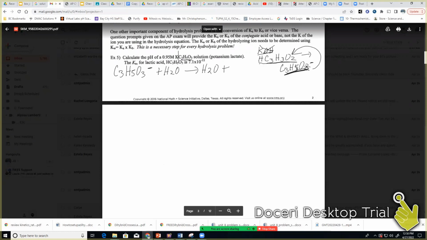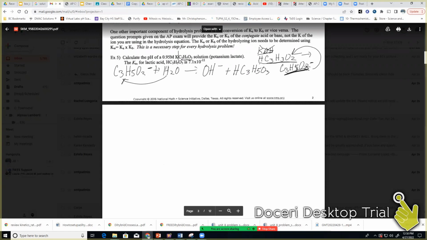This hydrogen is going to come over here. I'm going to be left with my hydroxide plus my weak acid. Because remember, that acid, it's not like hydrochloric acid. It doesn't want to be in ions.